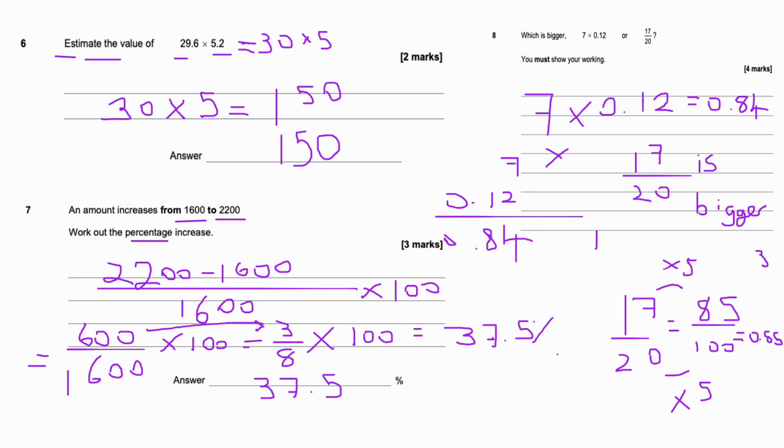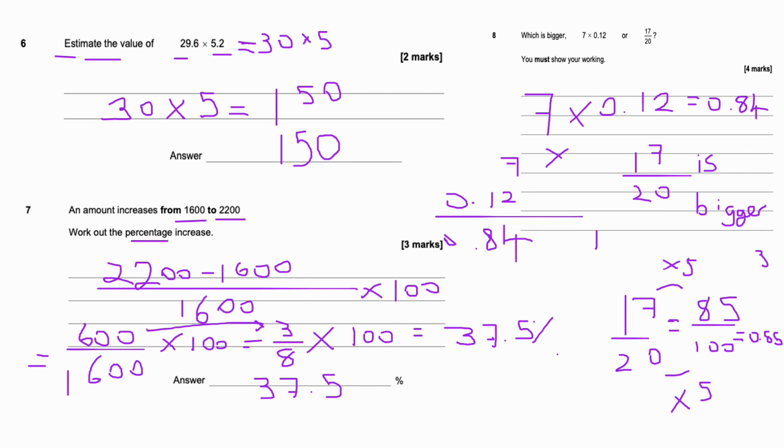So it's bigger by 0.01, but it's still bigger. 7 times 0.12 is 0.84, and 17/20 is 85 hundredths, putting it as a fraction over 100. And 85 over 100 means 85 divided by 100, which is 0.85.